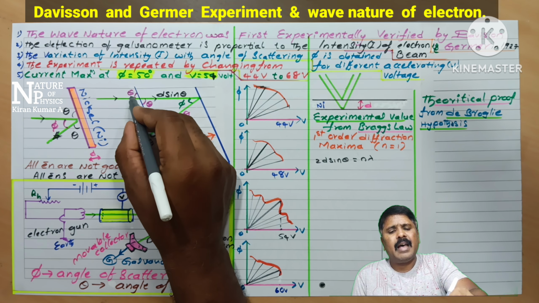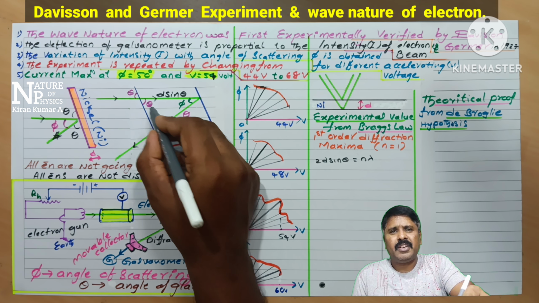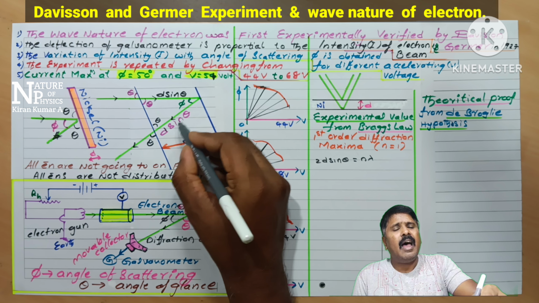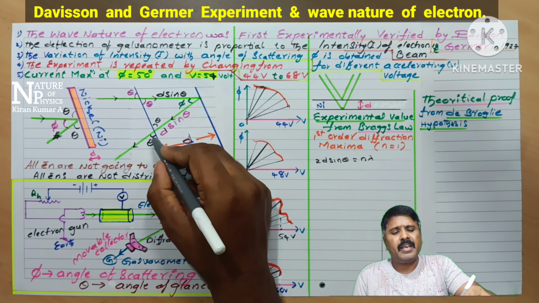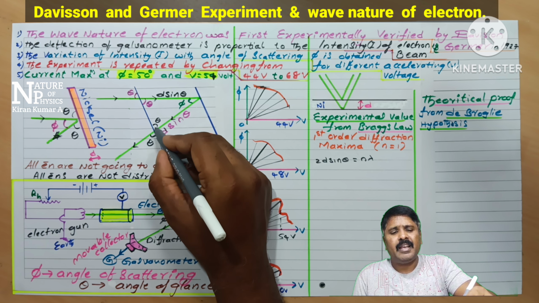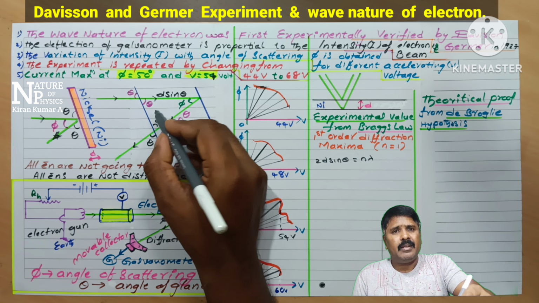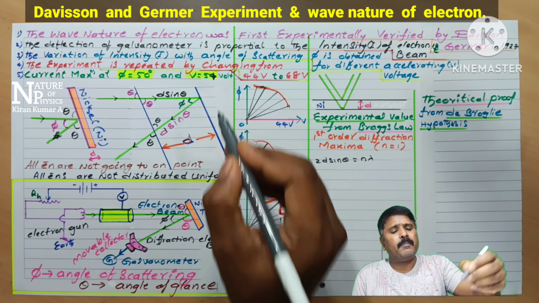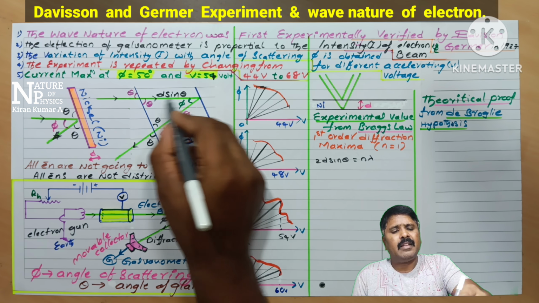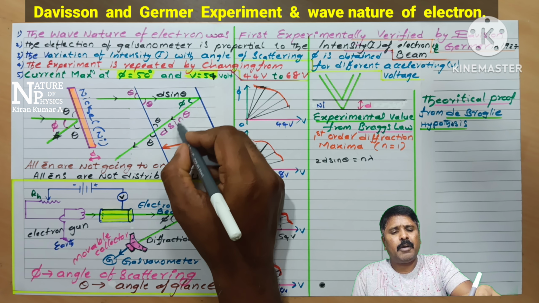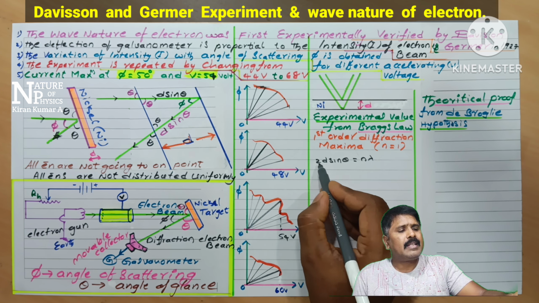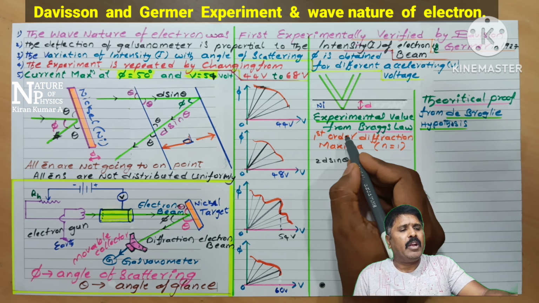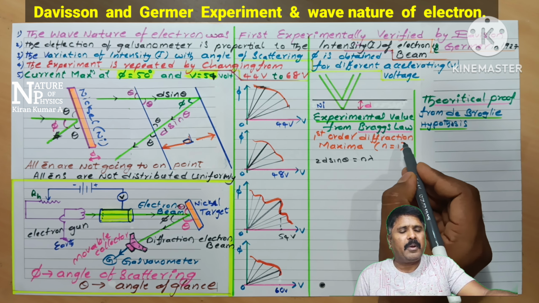In this, theta is the angle of glancing, so opposite angles are the same, so the opposite value we are getting is D sin theta, and the diffracted ray also makes an angle theta, student. Opposite angle, that is theta, and here the value is D sin theta, so the distance travelled in the crystal is D sin theta plus D sin theta, which is 2D sin theta equal to n lambda, the experimental value from Bragg's law, student.